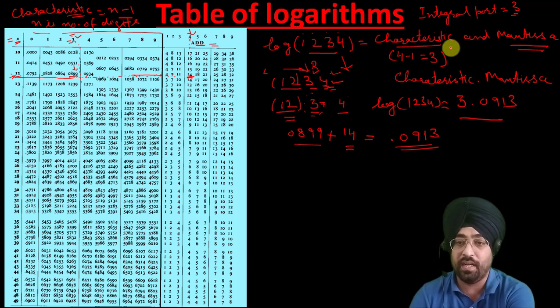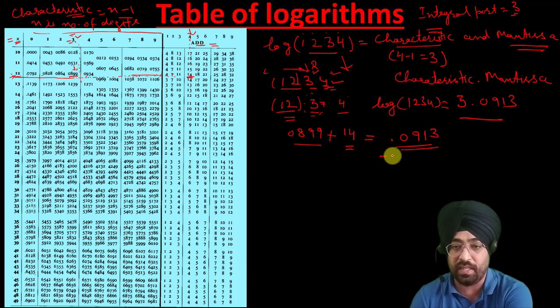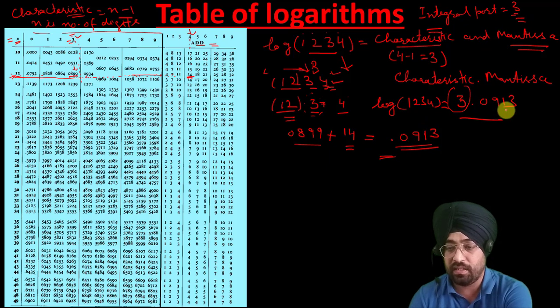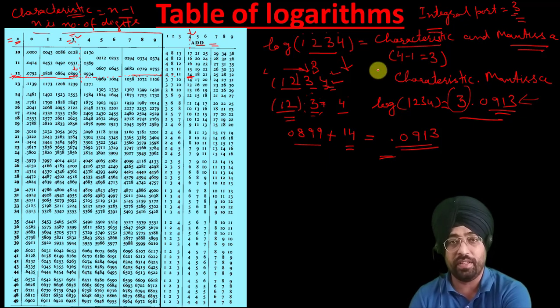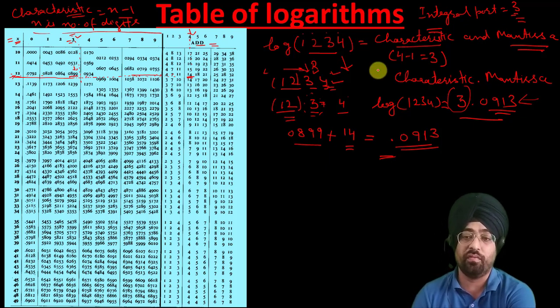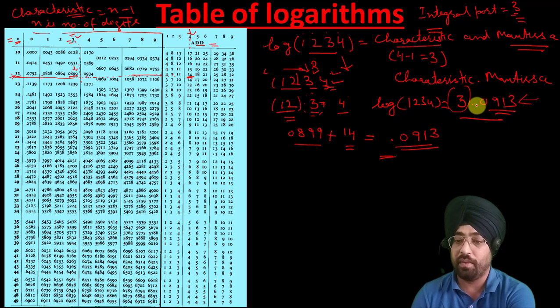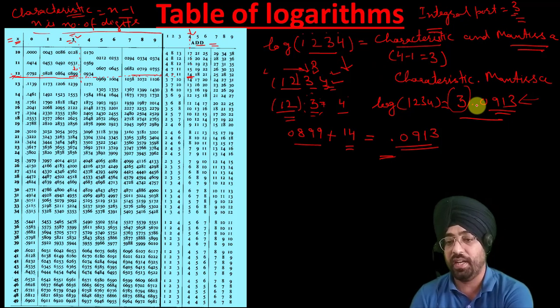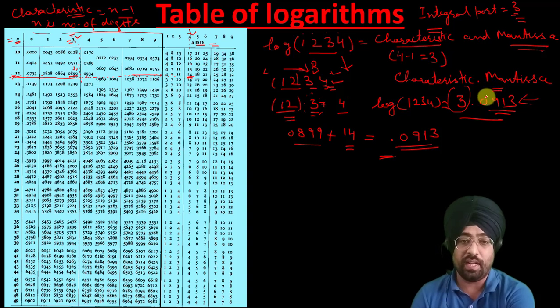We have just combined the characteristic and the mantissa. The characteristic was 3, the integral part, and the mantissa is 0.0913, which we found using this log table. Basically the log table gives us the value of the mantissa, so after combining it becomes 3.0913. So that is the value of log 1234.